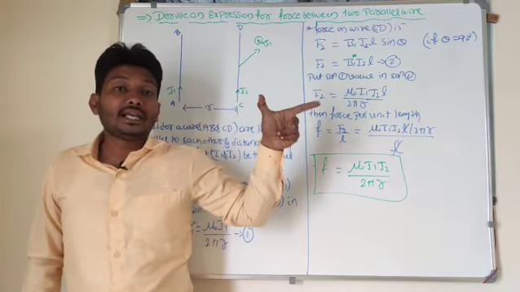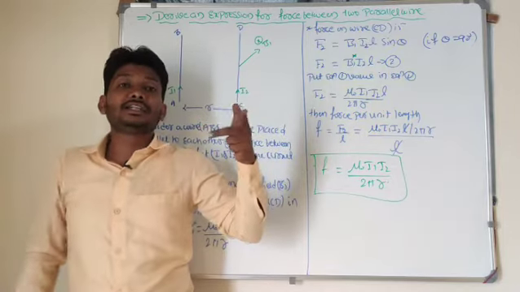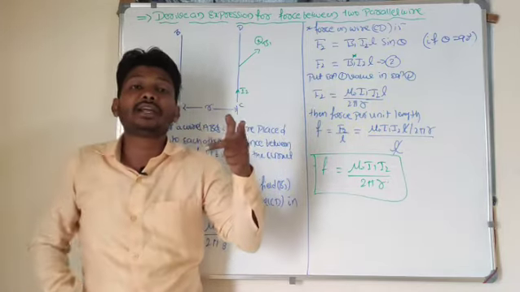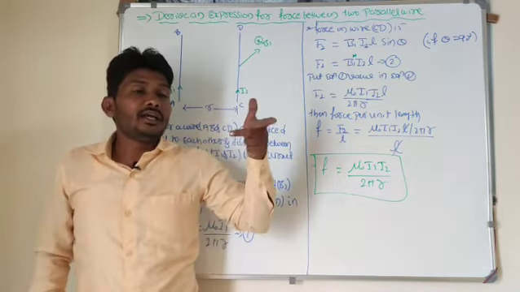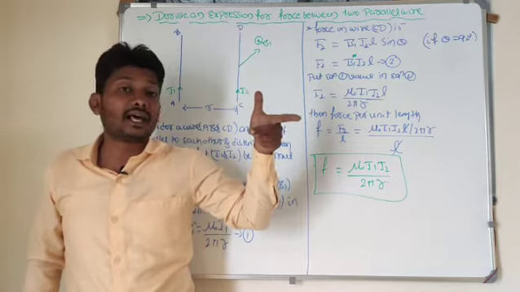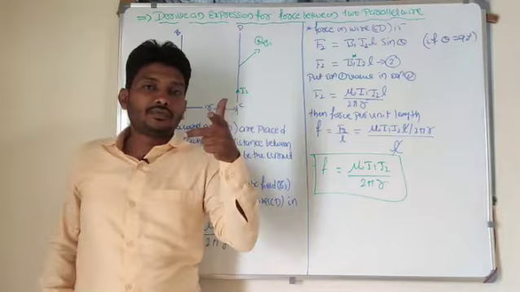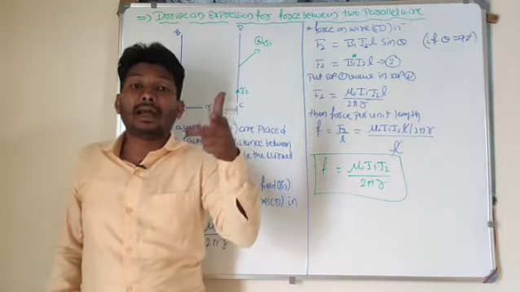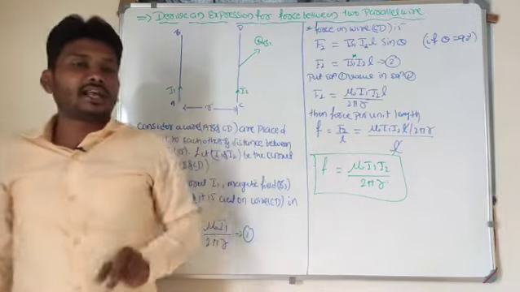Thumb indicates the direction of the force, forefinger indicates the direction of the magnetic field, and middle finger indicates the direction of the current. FBI: F means force, thumb indicates the direction of the magnetic force; forefinger indicates the direction of the magnetic field, FB; next, middle finger indicates the direction of the current.